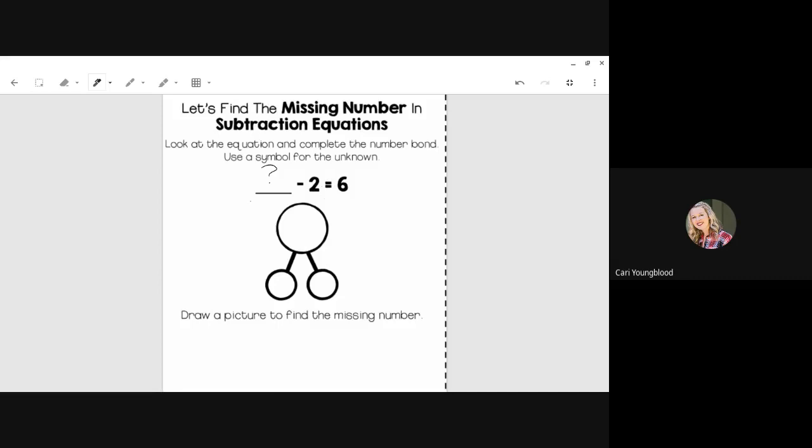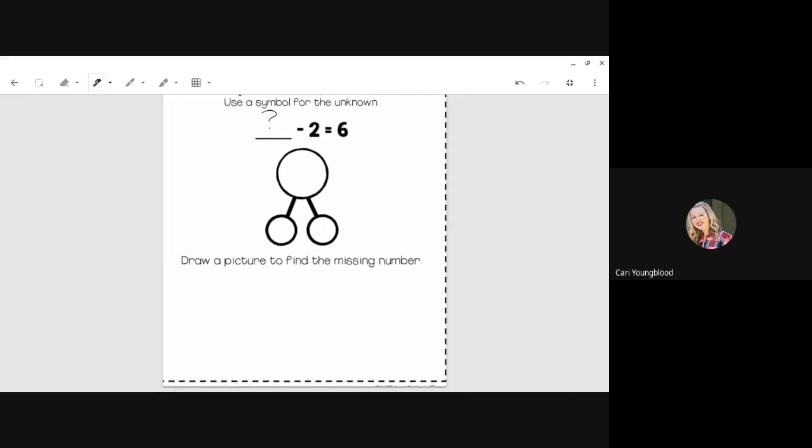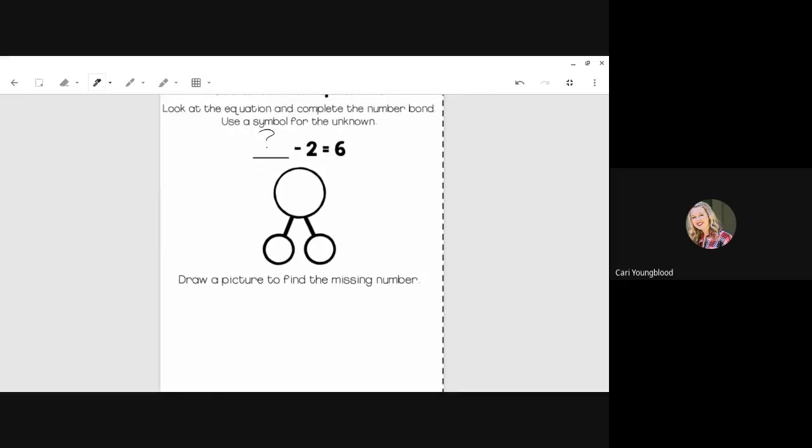All right, before we even do our number bond down here, I'm going to scroll down here. And where it says draw a picture, I'm actually not going to draw a picture. I'm going to practice the strategy that I told you about, flipping the subtraction into addition. So when I flip an equation from subtraction to addition, I'm actually just going to start at the end and I'm going to go backwards. So I'm going to start right here with my answer, which is 6.